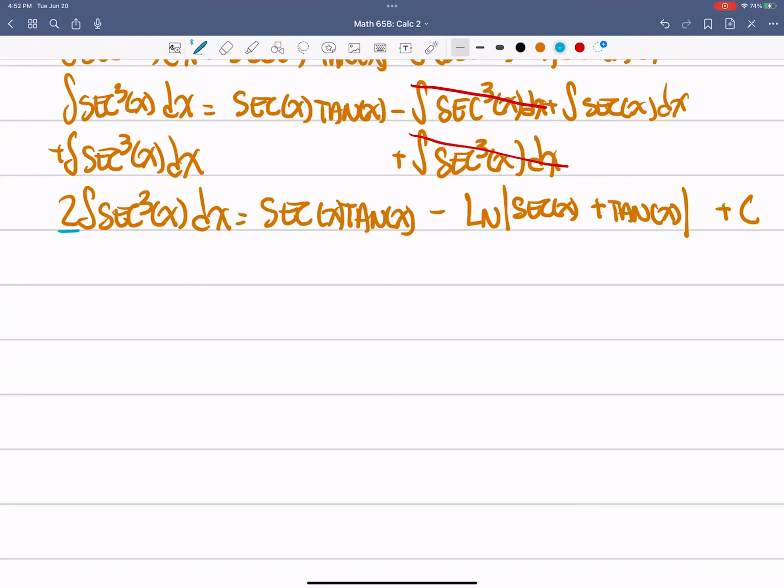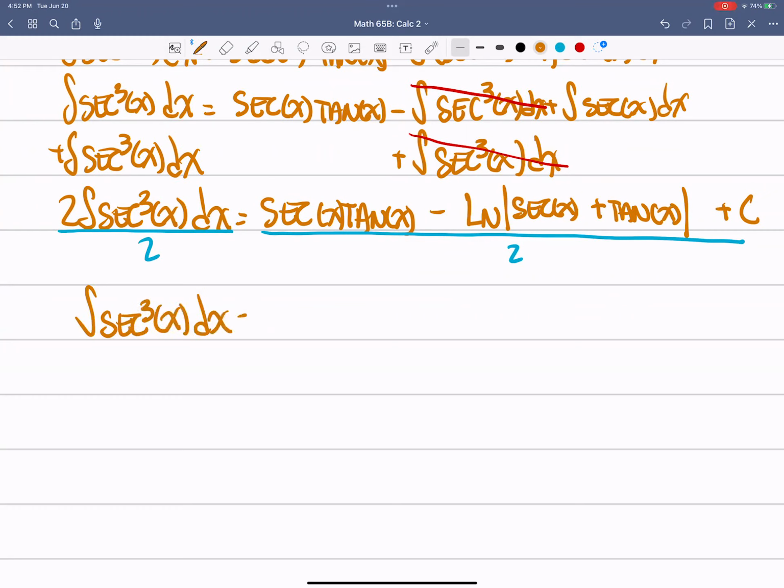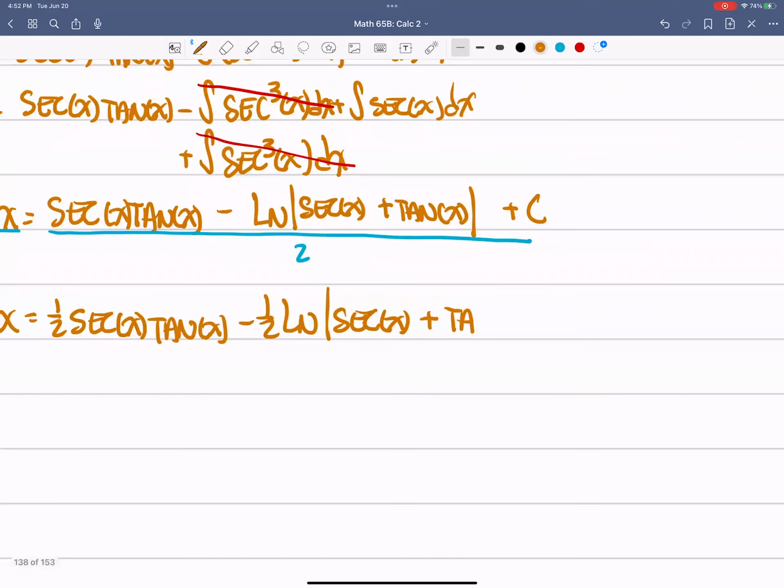And just like we did before, let's divide both sides by 2, because what they were originally asking for was the integral of secant cubed, not 2 times the integral of secant cubed. So this is equal to 1 over 2 secant x tangent x minus 1 over 2 ln of secant x plus tangent x, and plus c.